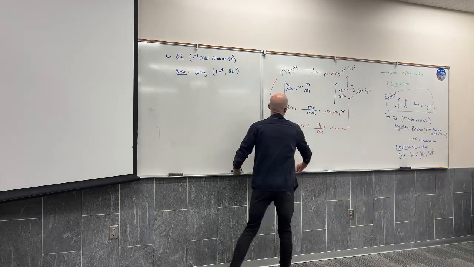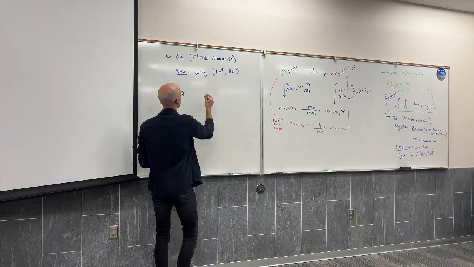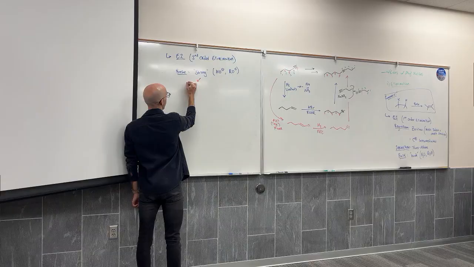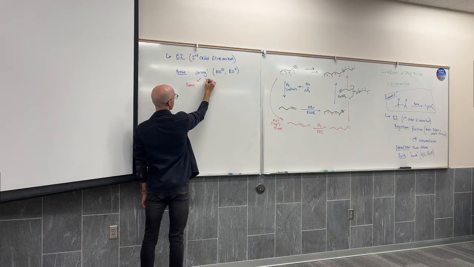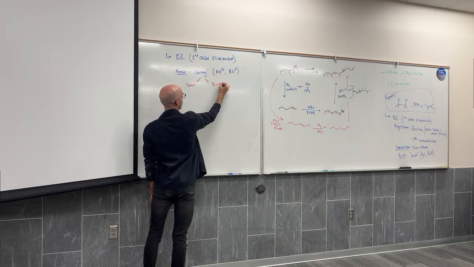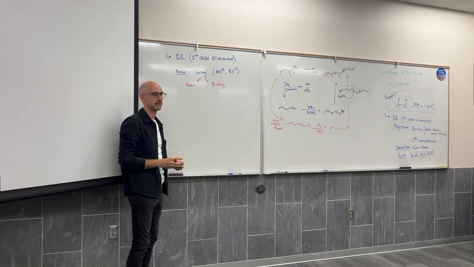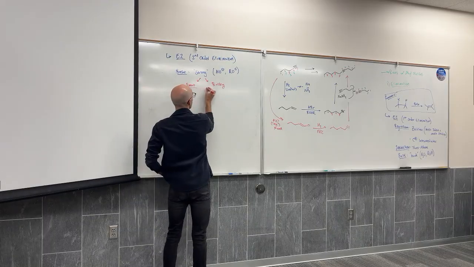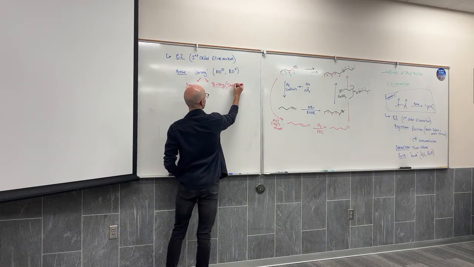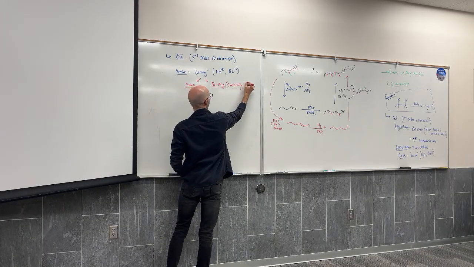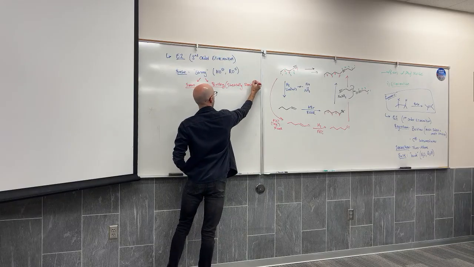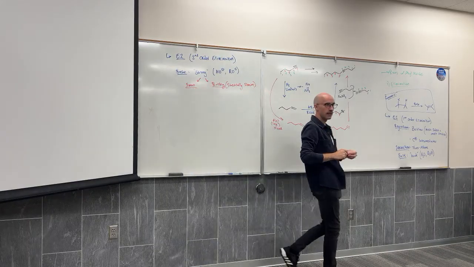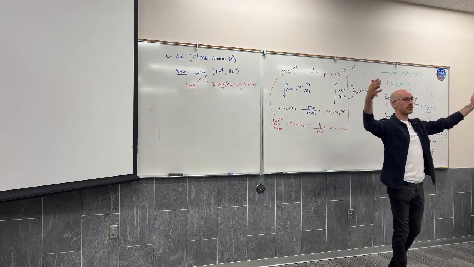But there are two types of strong bases. There are small bases and there are bulky bases. Bulky just means sterically strained. Steric strain occurs with more substituted things.